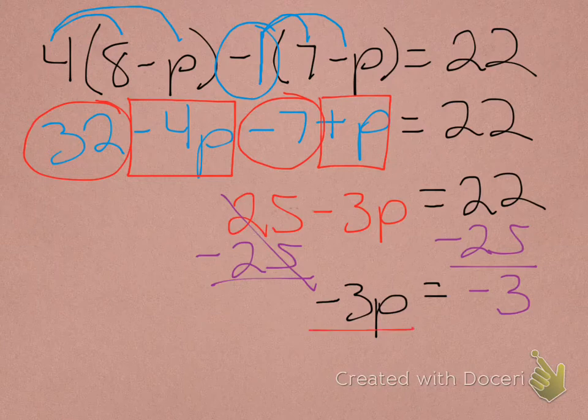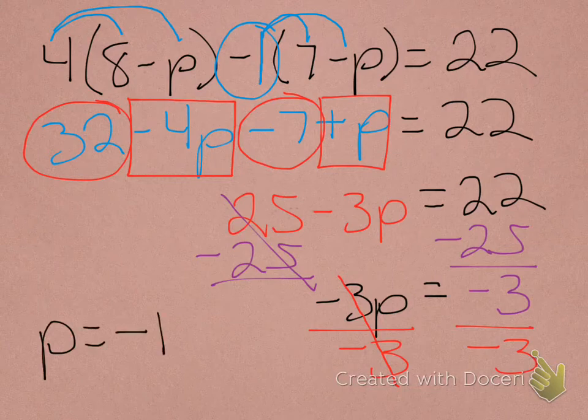Divide both sides by -3. -3 divided by -3 is going to be 1. So therefore the final solution would be p equals -1. And again, if I take the value of -1 and substitute that for every p on the left side of my equation, when I simplify all of that, it should equal 22, ending up in a true statement, 22 equals 22.